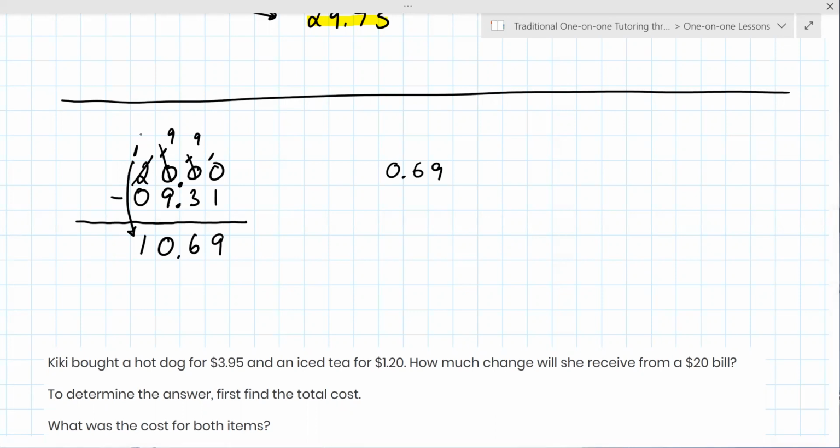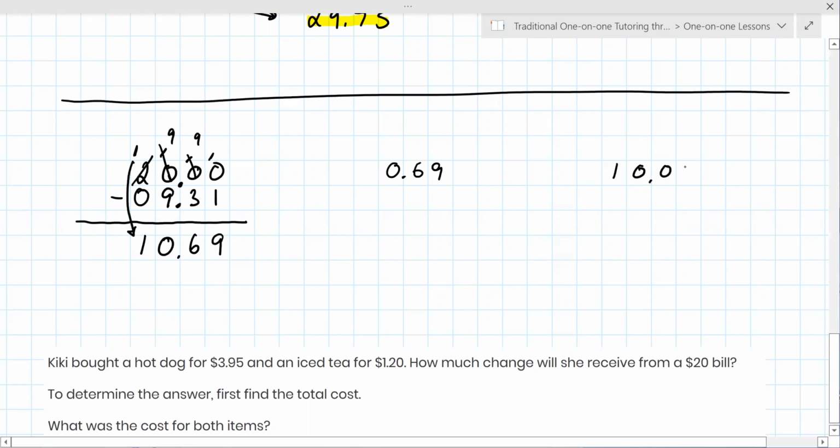Okay. Like what you're thinking of here, let's look at this problem: 10.00 minus 9.31. Watch this. 0 minus 1 we can't do, so we go left, left, and borrow from the 1. The 1 becomes a 0, and we put a 10 above the 9. That's what we're borrowing from.